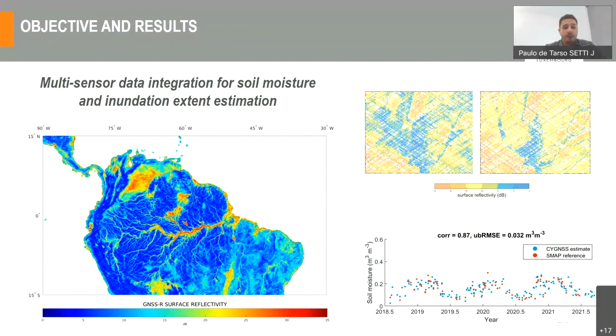The top right-hand side figures show the power of the reflected signals in a tropical wetland, in a rainy and in a dry period. So you can clearly see how the reflected signal changes over time. And the bottom figure just shows a time series of a soil moisture estimate in a location, and it correlates really well with the reference data that we have.